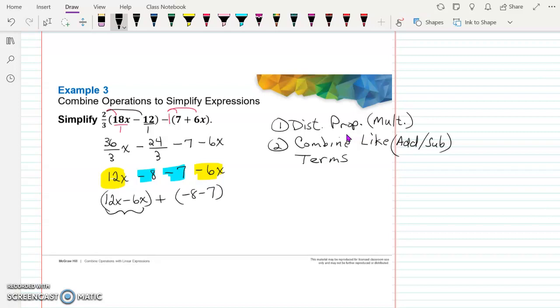When I do this first part, 12 minus 6 would leave me with 6x plus negative 8, negative 7 would be negative 15. Those signs are the same. We can also add the opposite here and see that it's negative 8 plus negative 7. And the last thing I want to do is clean up that plus minus sign there. So we call that 6x minus 15 would be our final answer.